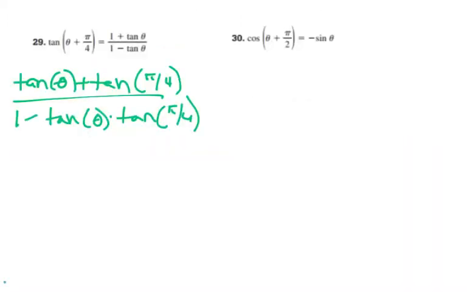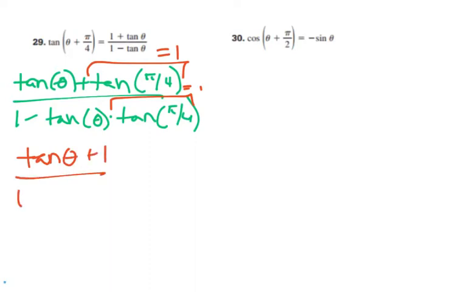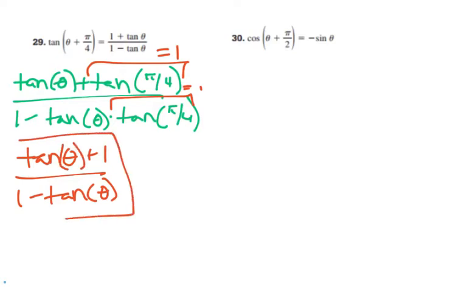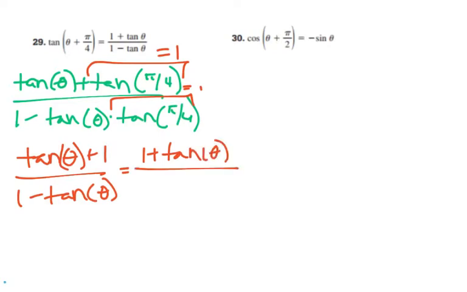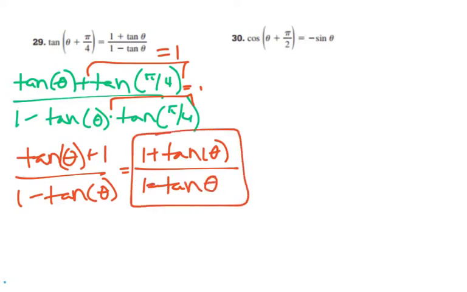And so this piece becomes 1, and this piece becomes 1. So we'll have tangent of theta plus 1 over 1 minus tangent of theta, which potentially could be multiplied by 1, but not really necessary. And then, of course, they rewrote it with the number first and then the trig. So addition is commutative, so we can put it first or second.